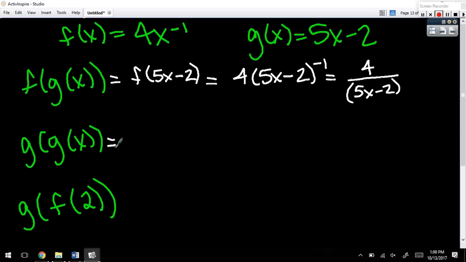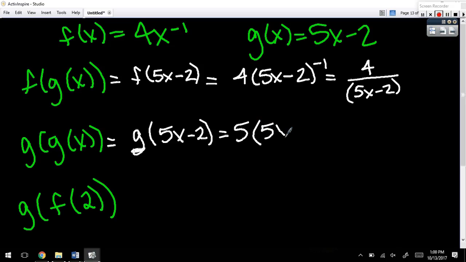And the negative 1 is just going to 5x minus 2, right? Correct. G of x is 5x minus 2. So now I reference g, not x but 5x minus 2.